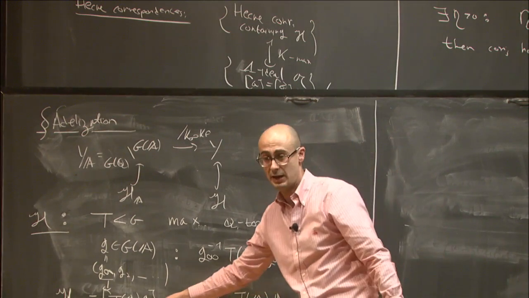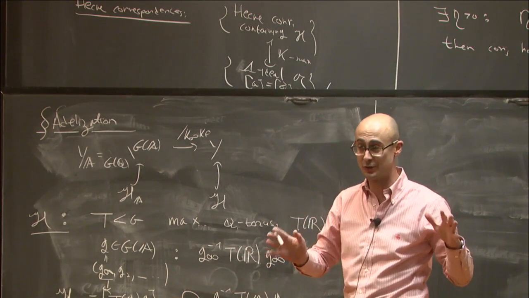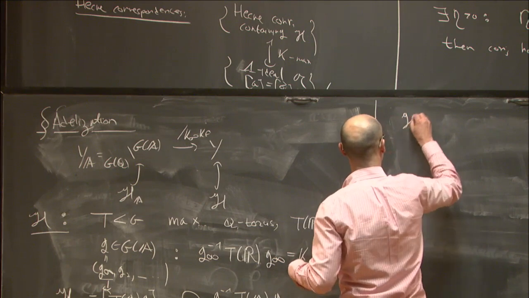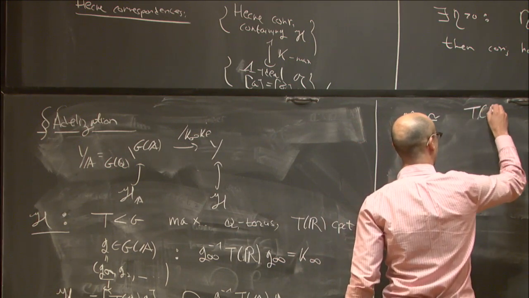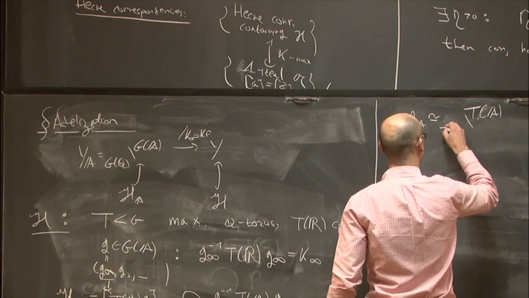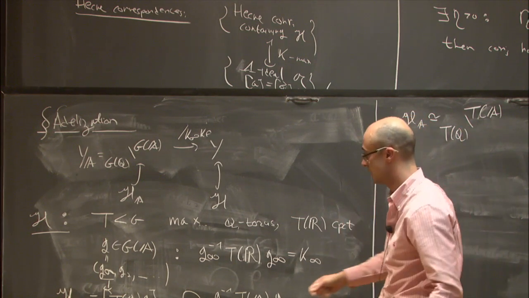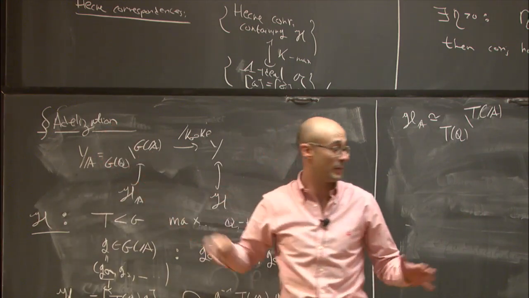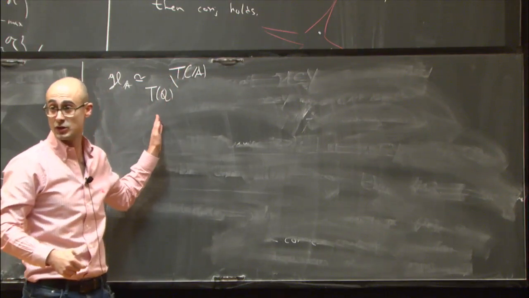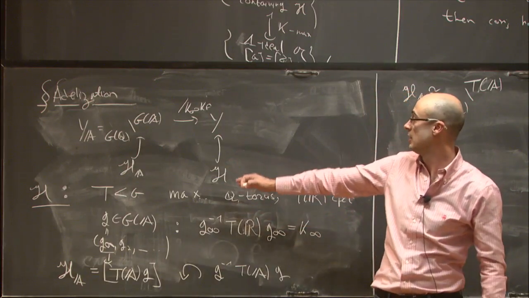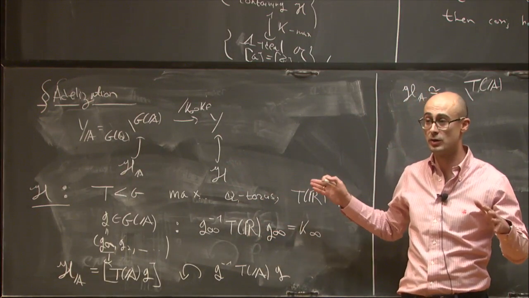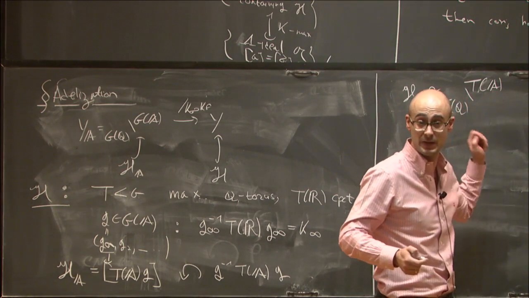Now, if you look at this set H_A just as a topological space for a second, this g plays a huge role when describing the location of this set inside the ambient space. But by itself, it's just T_A over T_Q. So there's a T invariant probability measure on it, a unique one. Remember, our T was R anisotropic, so in particular Q anisotropic. So this is a finite measure space.